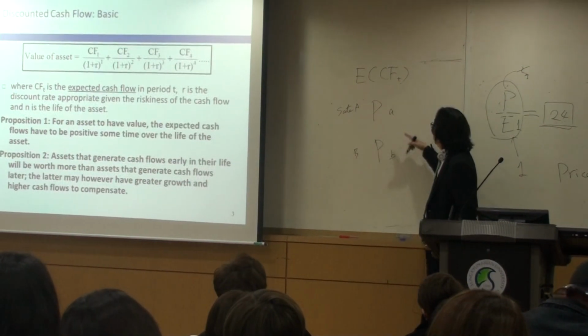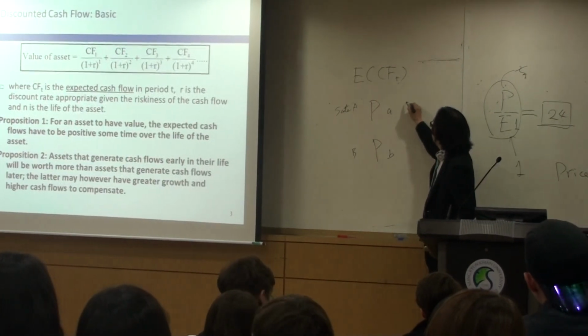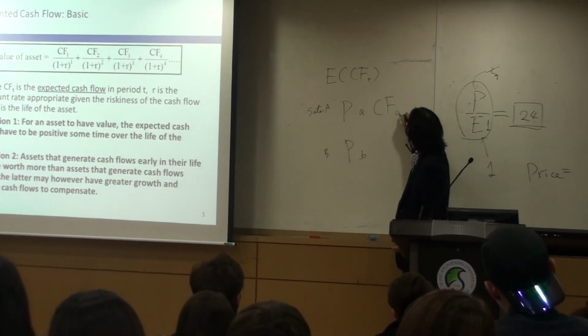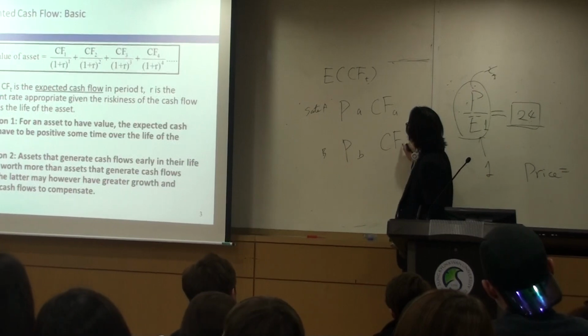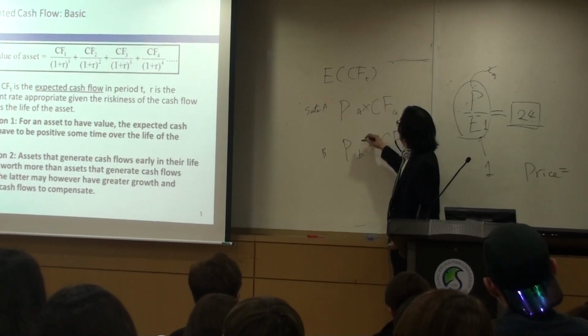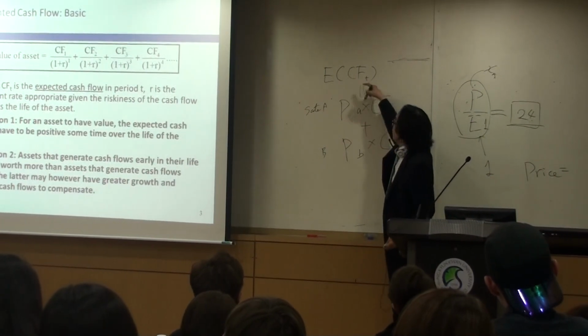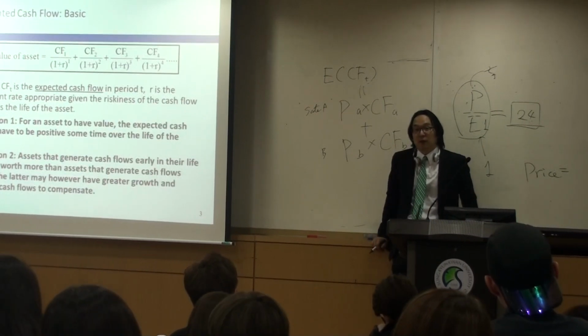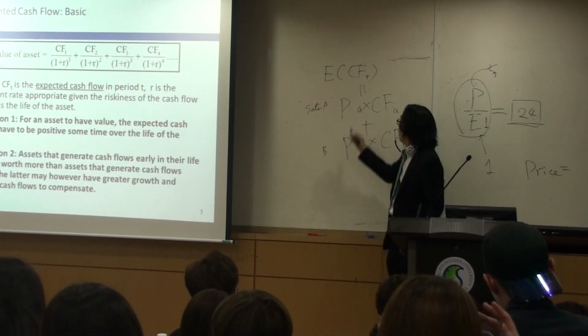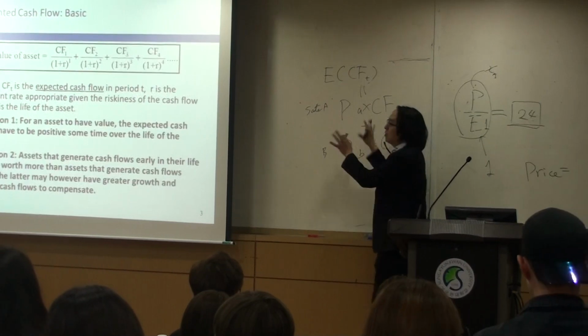For each case, what's the expected cash flow? Then cross multiply and sum it up. That's the expected value, right? So we omitted this process. On average, it looks like this.